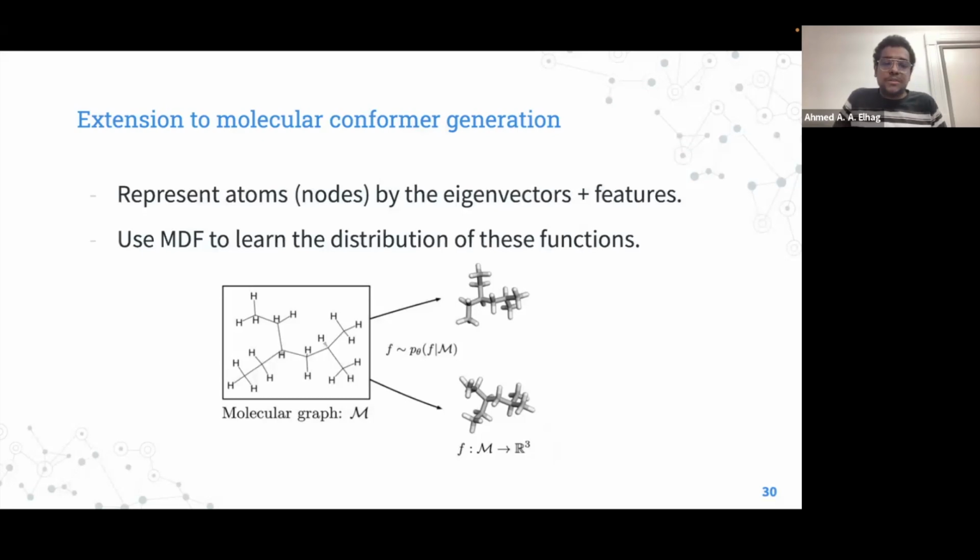And you can do the same as what we did on meshes, where you represent every point by the eigenfunctions or the eigenvectors of the graph Laplacian. In this case, you also have node features or molecule features, which you can concatenate to your eigenvectors.